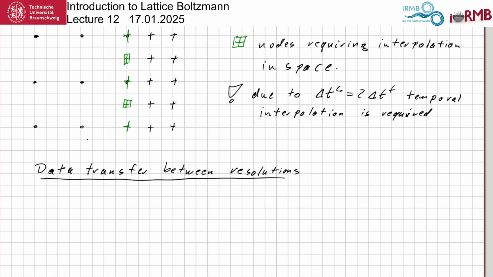So what is typically done, I mean, there are many different methods, and variations that sometimes do it a little bit differently, but a common way is to split the pre-collision distribution in an equilibrium part and a non-equilibrium part.